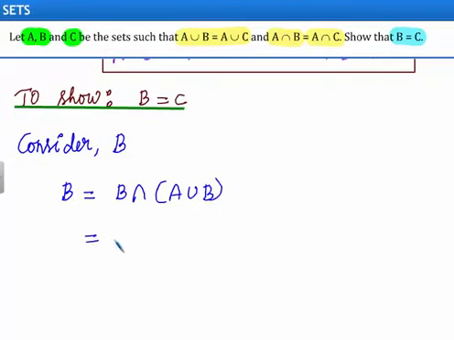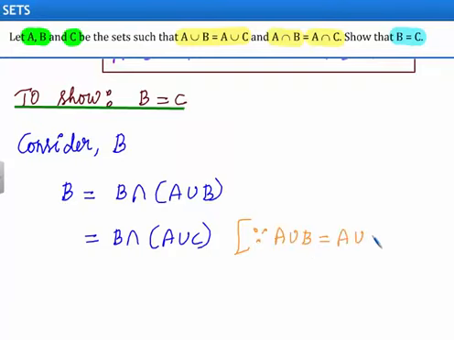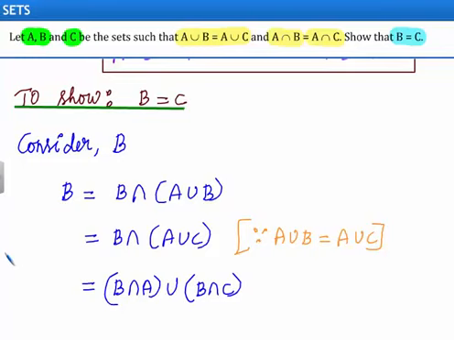So this will be equal to B intersection (A union C), since A union B is equal to A union C. This will be equal to (B intersection A) union (B intersection C). Here we have used the distributive law.